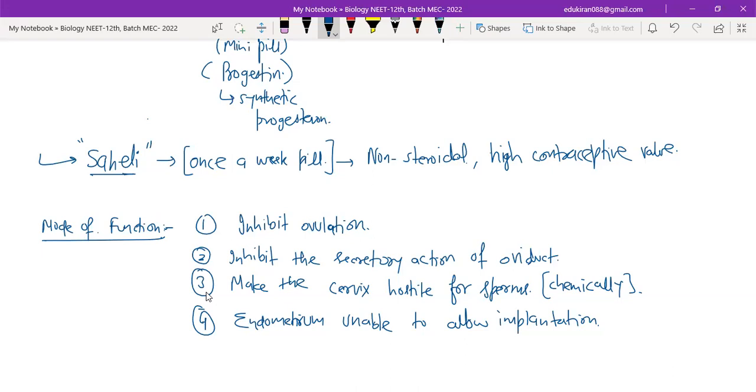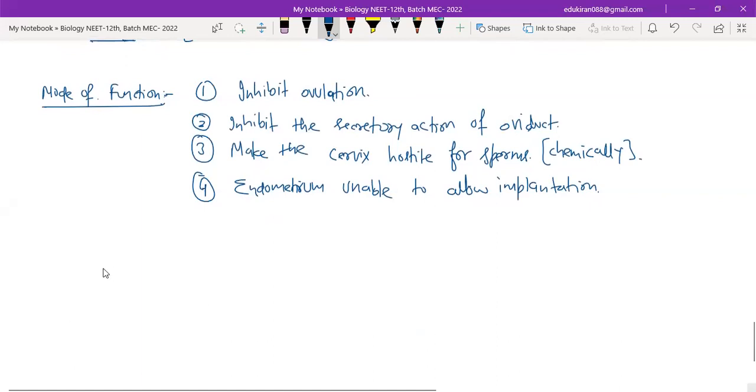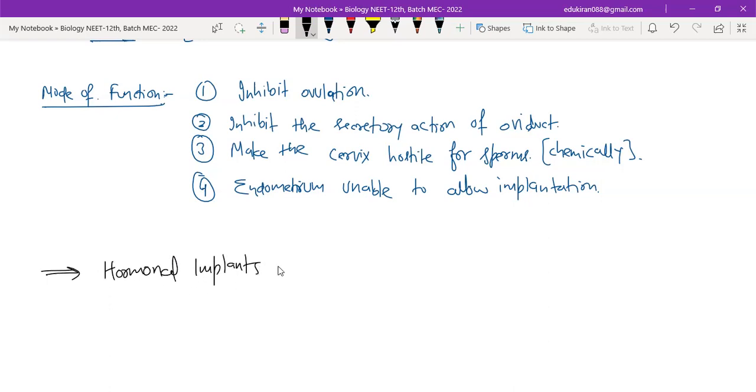Now with recent advancements, apart from these pills, quickly I'll tell you about one more thing in the end, which is called hormonal implants. They are the same hormones, progesterone and estrogen, but they come not as pills, but as hormonal implants or hormonal injections.